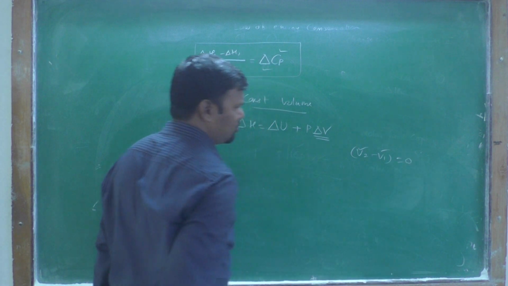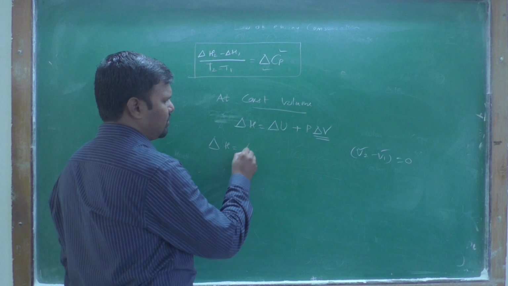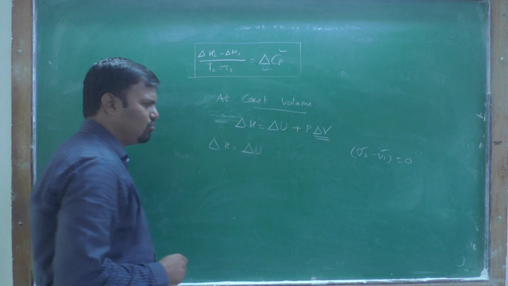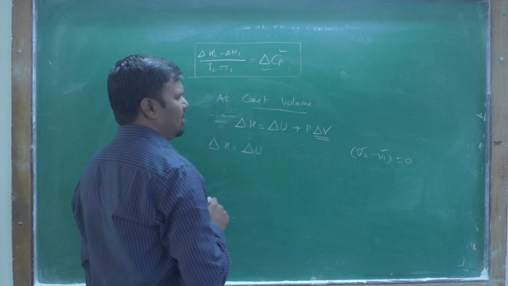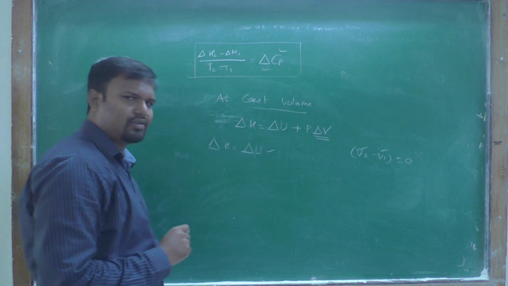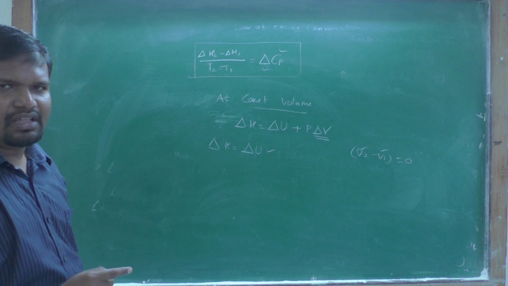Therefore, V2 minus V1 is equal to 0. Therefore, delta H is nothing but delta U. U stands for the internal energy, and delta U is the change in internal energy.